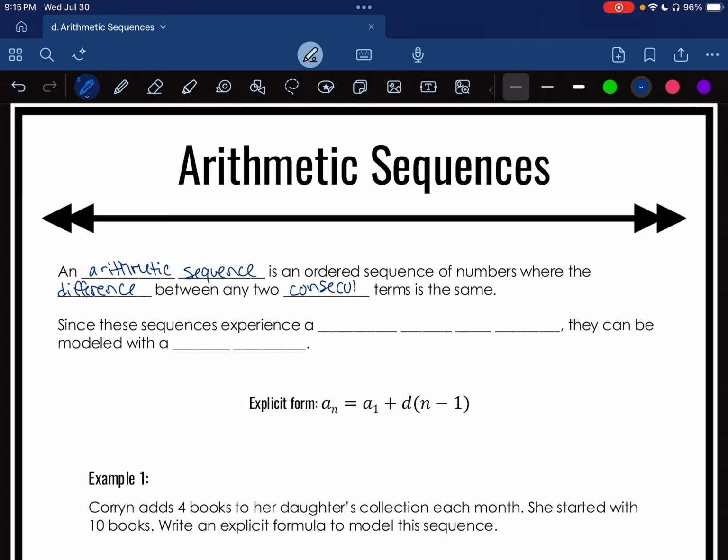Because these sequences are experiencing a common difference or a constant rate of change, they can be modeled with a linear function. Hence why we're talking about them in this chapter.